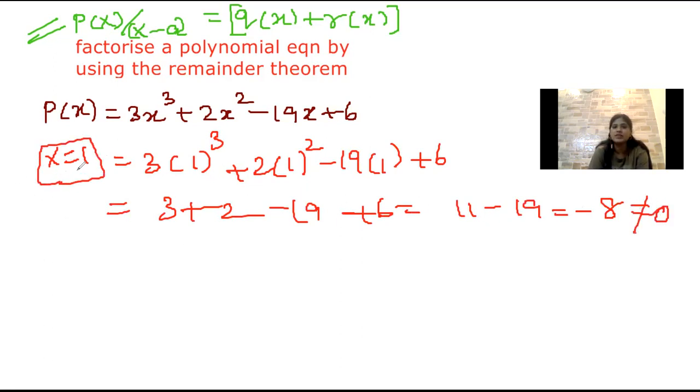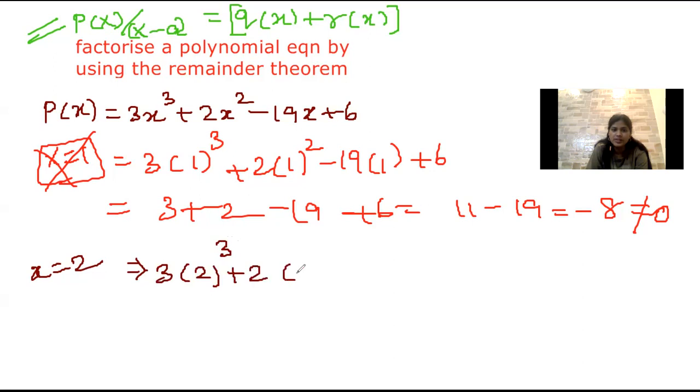So my assumption is wrong. I have to check with another number. So I can go for 2 now. You can check with minus 1 also. So let me check with 2. It is going to be 3 into 2 cubed. Just replace x as 2. 2 squared, minus 19 into 2 plus 6.